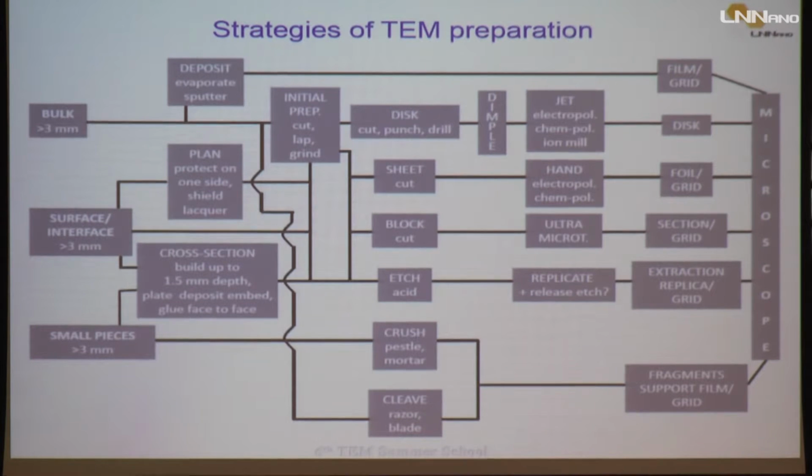Here we have a flow chart that was prepared taking into account these three types of samples that we may have, okay? And it's very good to help us decide which way to follow, okay?